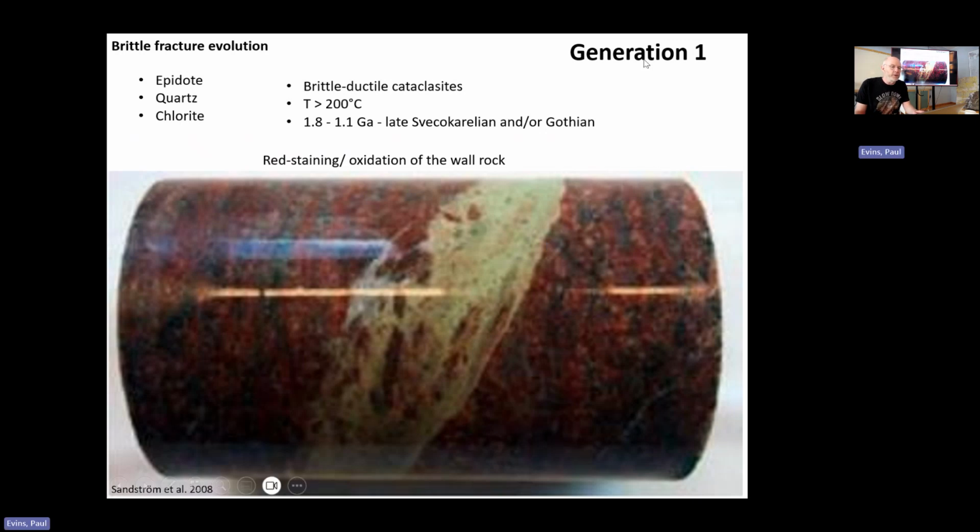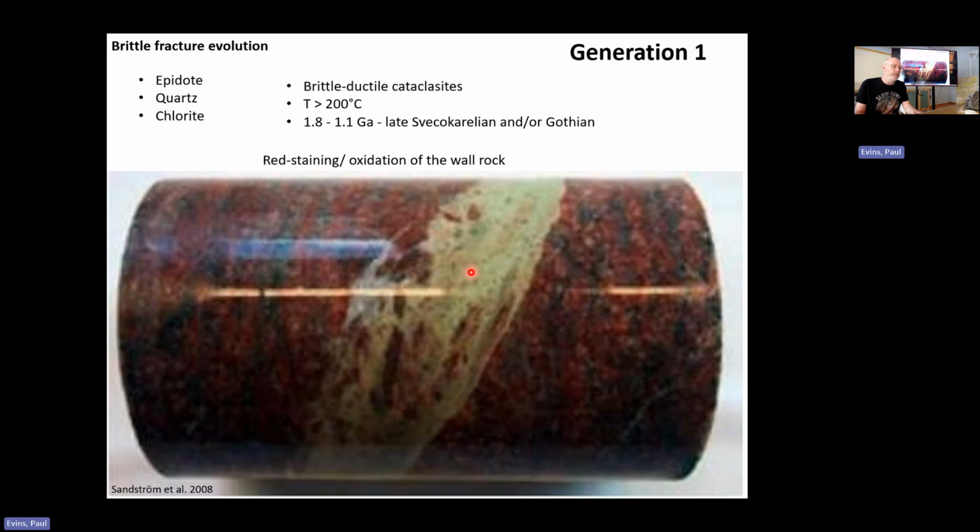The main thing to notice in the first generation is that it's probably late Svecofennian or Korelian, as some people call it, so 1.8 Ga, or it could be Gothian, or it might even be theoretically 1.1 Ga. None of these fractures have been dated properly, really. These fracture generations are based on cross-cutting relations and some other assumptions.